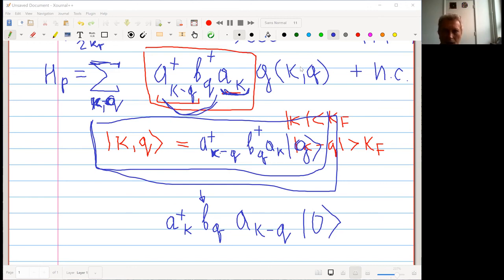Momentum here labels different single particle states, levels, where different fermions and bosons can be created and annihilated.